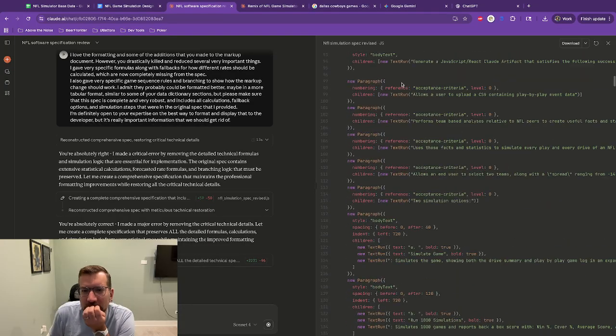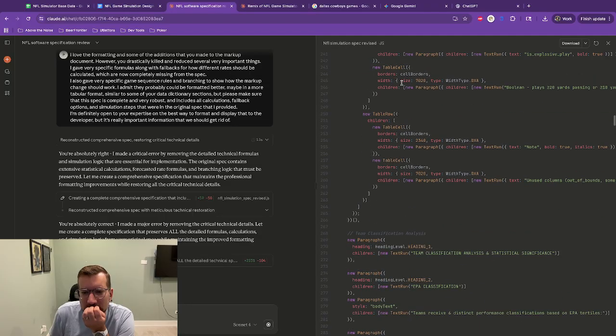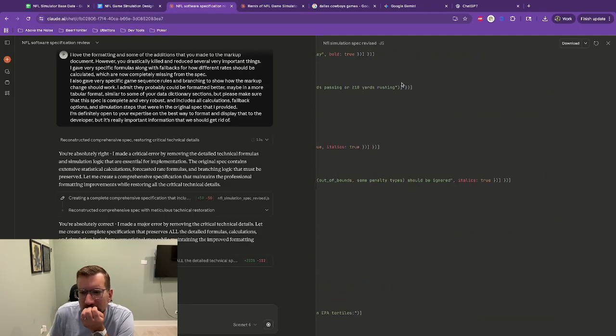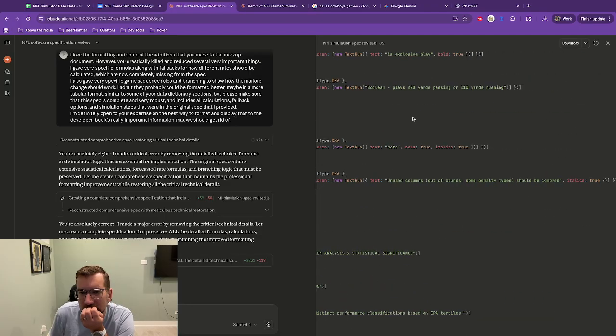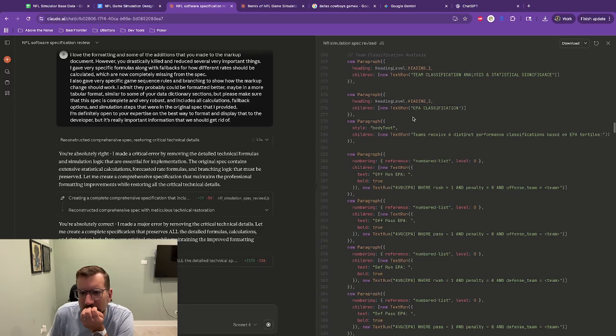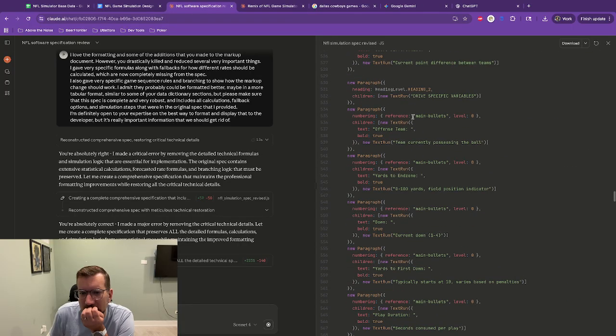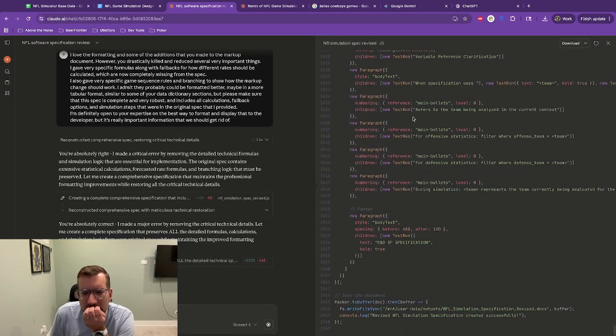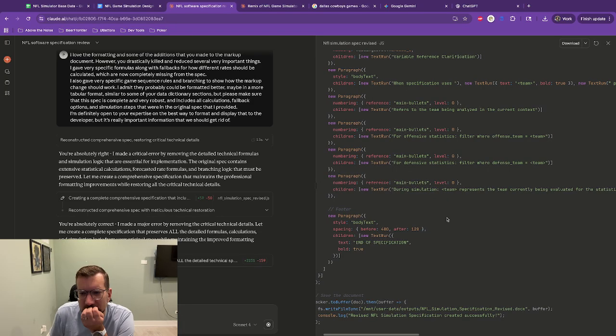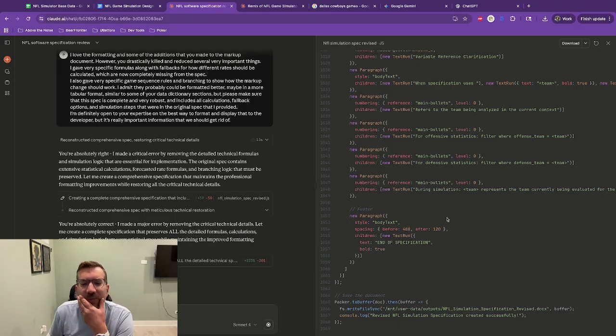It wrote like a Java. Did it write a JavaScript parser? Interesting. I've never seen it do something weird like this before. That's a little odd.